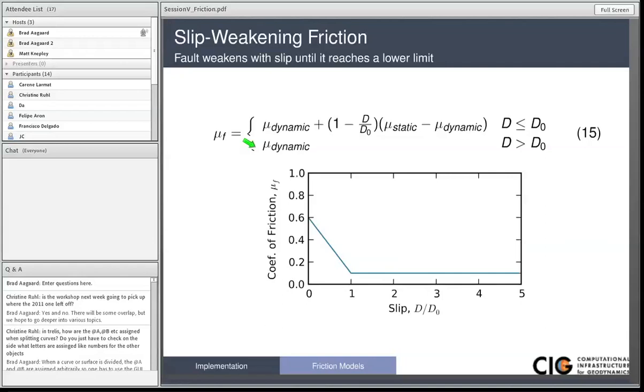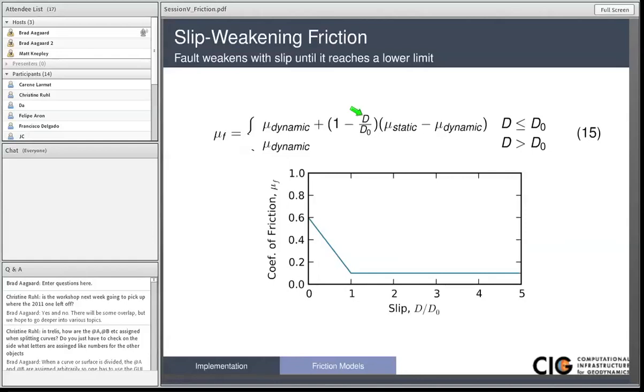In quasi-static simulations, we'll often want to impose this weakening within a single time step, and so there is a special flag to have that when you proceed to the next time step, to set the accumulated slip back to 0, so that then the fault will lock and you have healing.